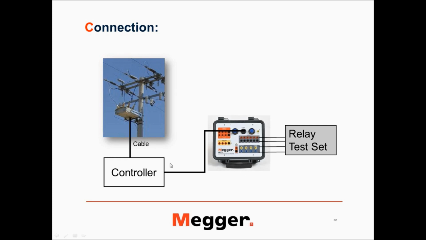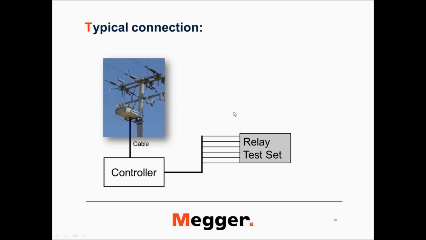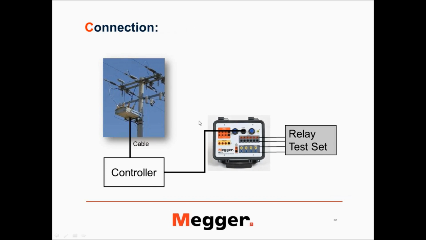So it is a painful job to make this connection every single time you go to a pole and then make the connections from the controller to the relay test set. You have an interpreter, if you want to consider it that way, or an adapter in between, which takes care of all the trip signals coming from this controller through that 14, 19, or 32 pin, and the breaker statuses also.